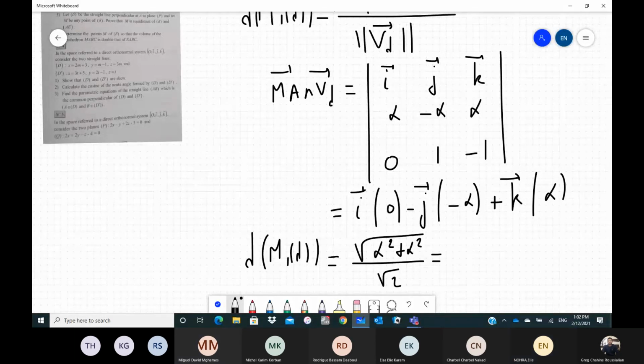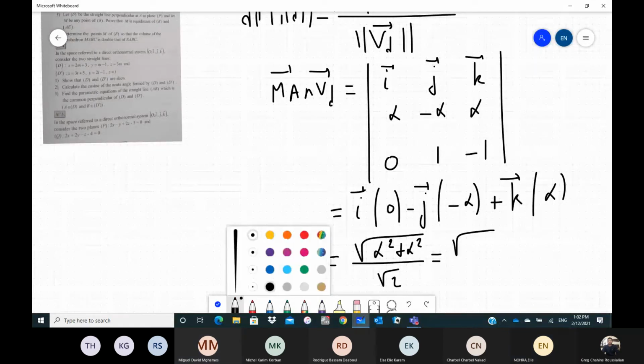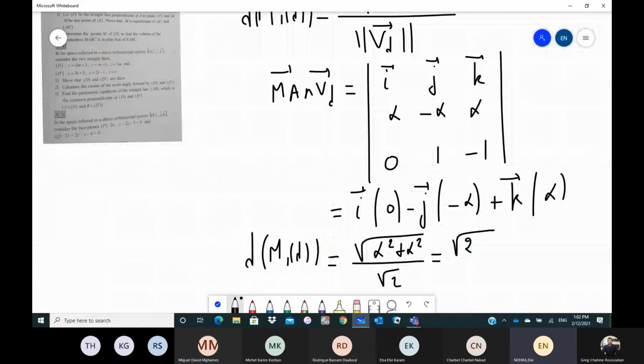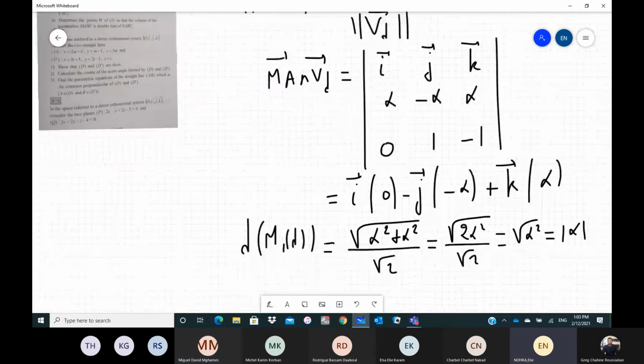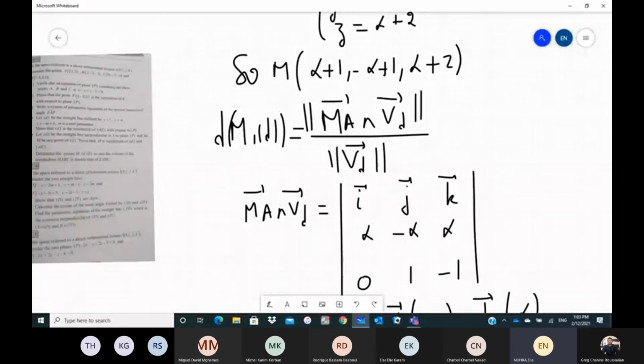So it's radical of 2 alpha squared over radical 2, which is the radical of alpha squared, meaning the absolute value of alpha.